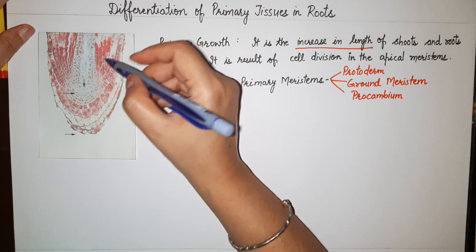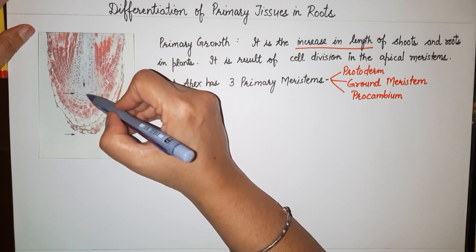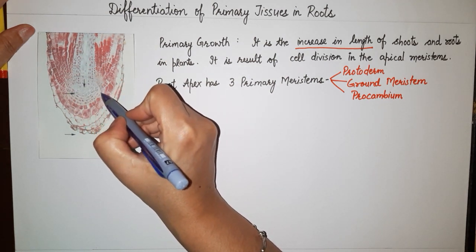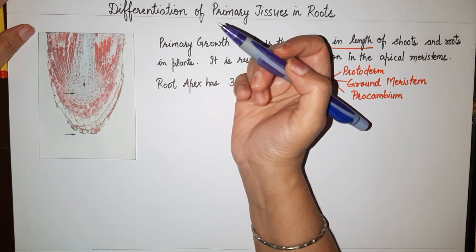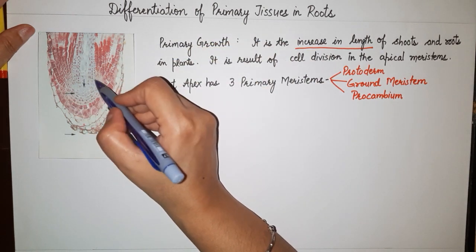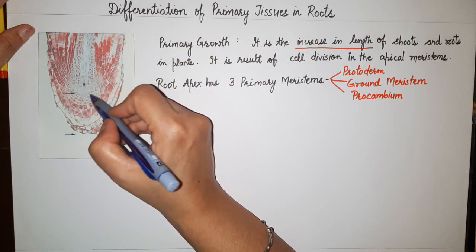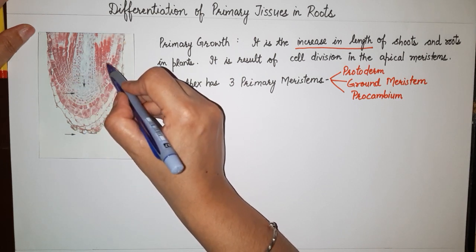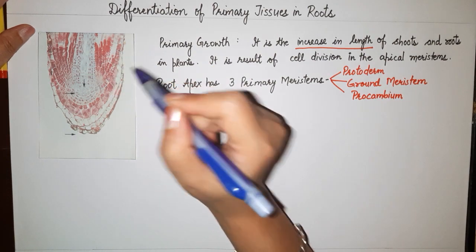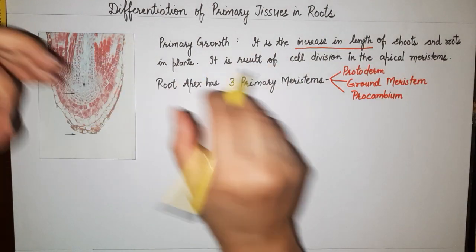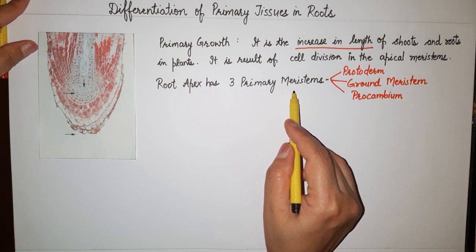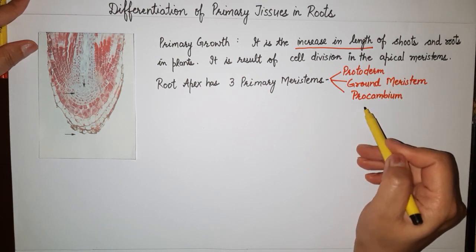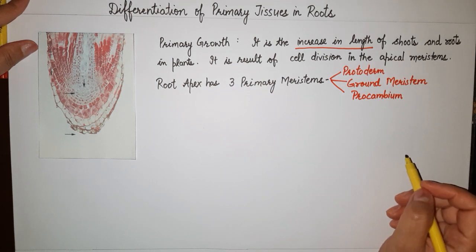So you can see clearly that this portion is the root apex, an inverted cup-like structure where the actively dividing cells are present, and they are going to give rise to different histogens. So basically 3 primary meristems are present at the initial stages in a root apex: protoderm, ground meristem, and procambium.